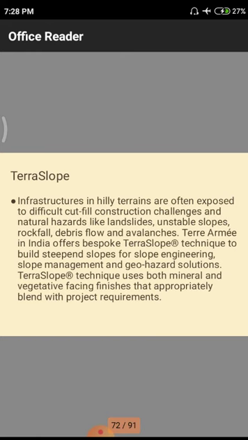Next one is debris flow and avalanches also. Avalanches also we have to observe whenever we are having this kind of structures. Terra Army in India offers a bespoke terra slope technique to build steep slopes for slope engineering. That means whenever we have to construct these kind of structures, especially for the purpose of army and military, those two are similarly the same.